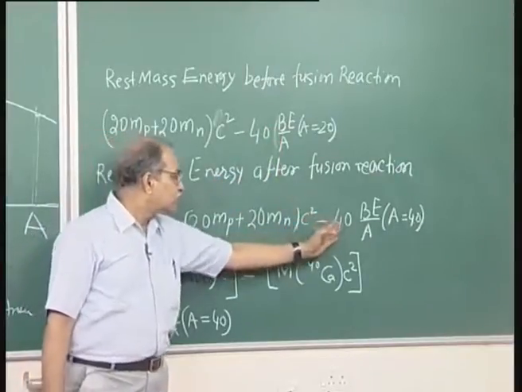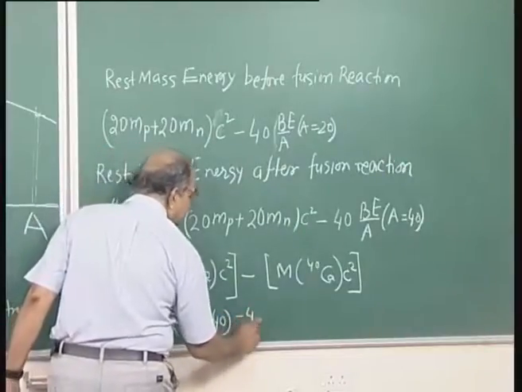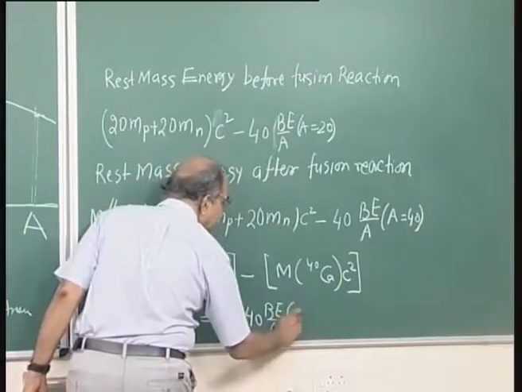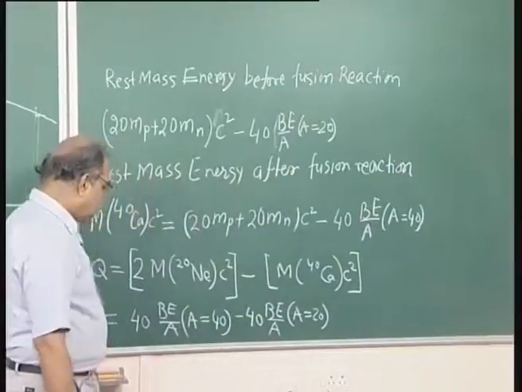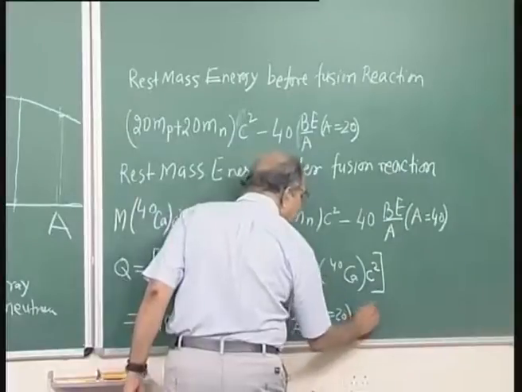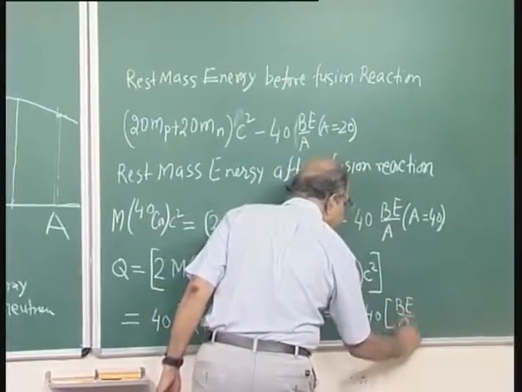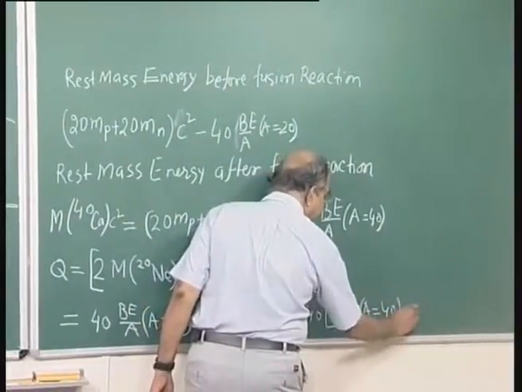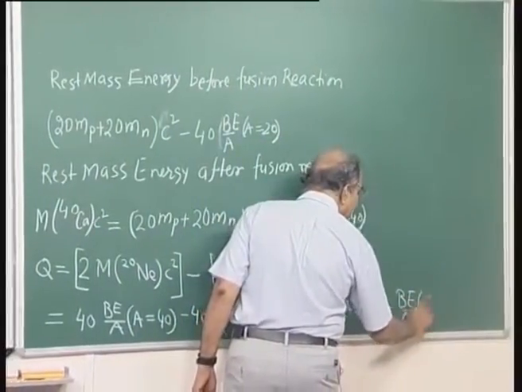So, this becomes plus 40 times this, and here it is minus 40 times B_E by A at A equal to 20. So, 40 you can take common, and 40 multiplied by the binding energy per nucleon at A equal to 40 minus the binding energy per nucleon at A equal to 20.